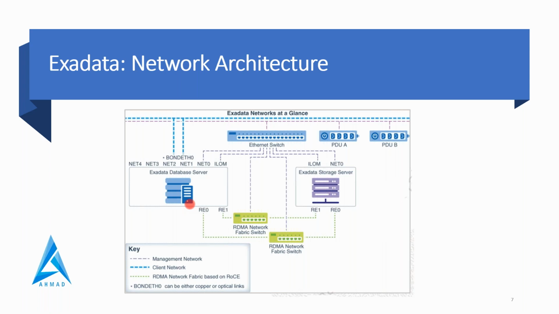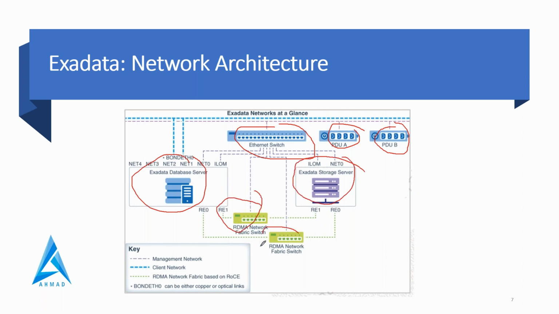So in this diagram, you can see how many components we have: one Ethernet switch, one Oracle database server, one Oracle Exadata storage server, two ROCE switches, and two power distribution units, that is PDUA and PDUB. If I highlight this, this is one component, two, three, four, five, six, and seven components, right?